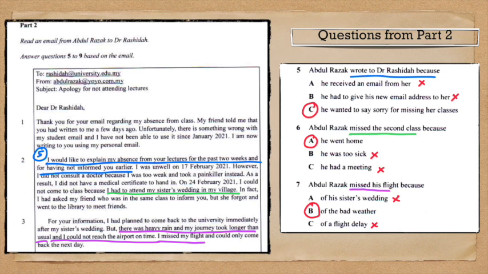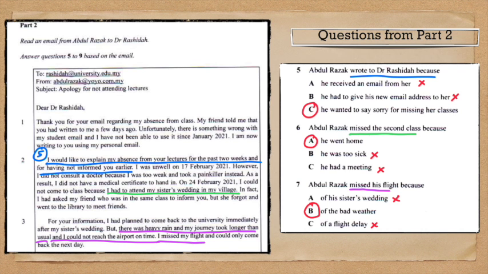So you look at paragraph 2. Why paragraph 2 straight away? Because in paragraph 1, there's nothing mentioned about Abdul Razak writing to Dr. Rashida. In paragraph 2, you can see the words, I would like to explain my absence from your lectures for the past 2 weeks and for having not informed you earlier.